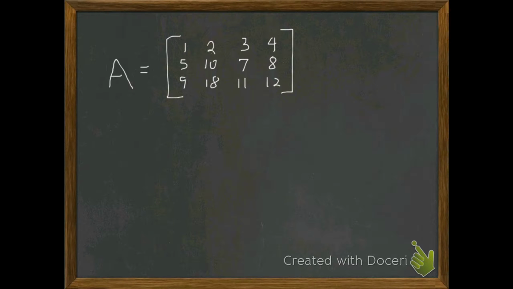At this stage, I want you to think about matrix A as being made up of column vectors.